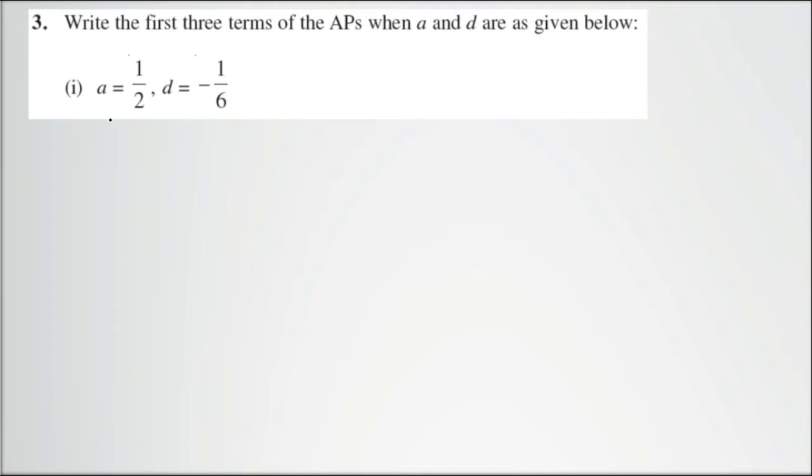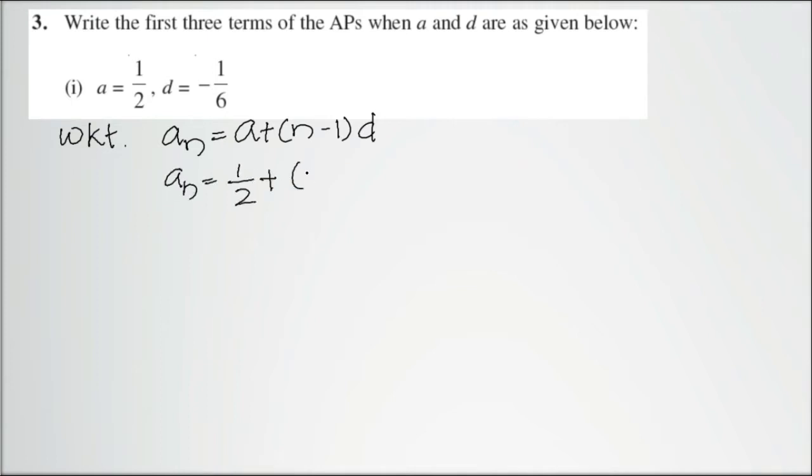To find the first three terms, we shall first find the nth term. We know that nth term is given by a plus n minus 1 times d. So an will be equal to 1 by 2 in the place of a and n minus 1 times minus 1 by 6.